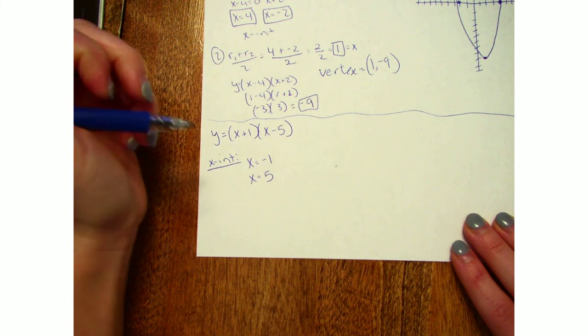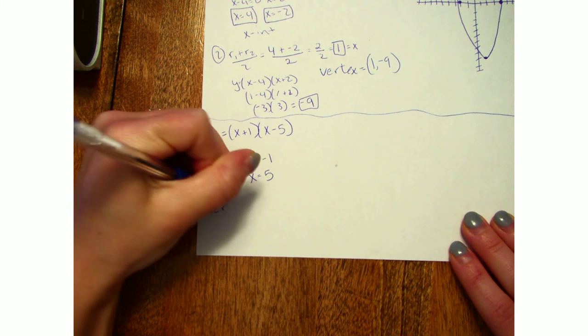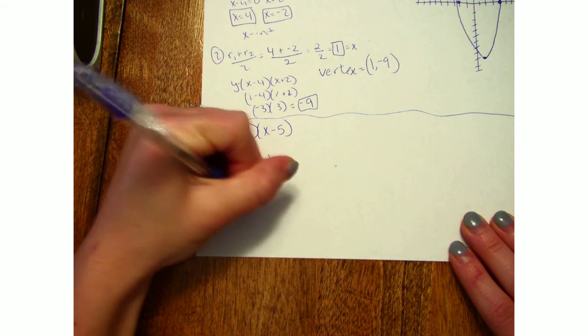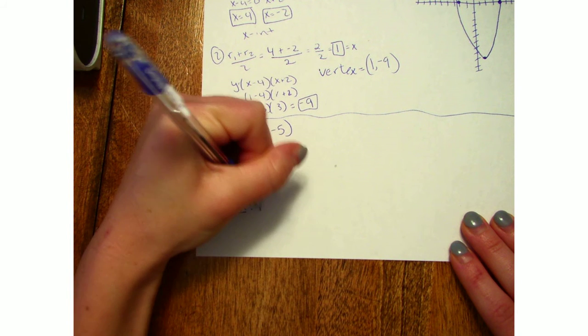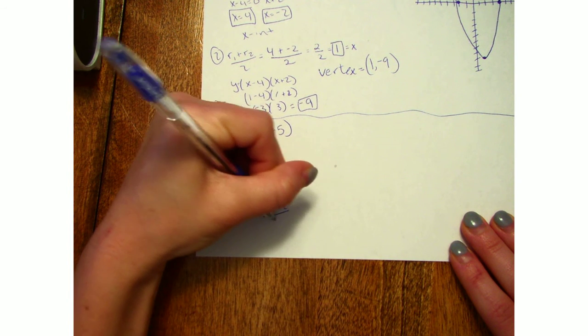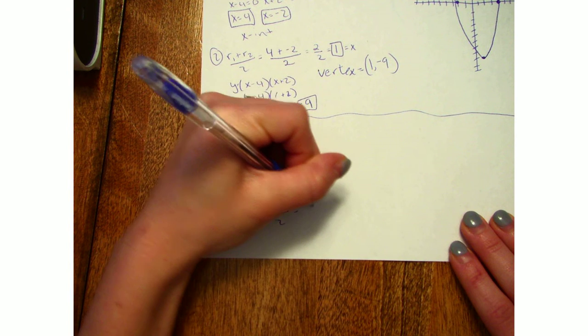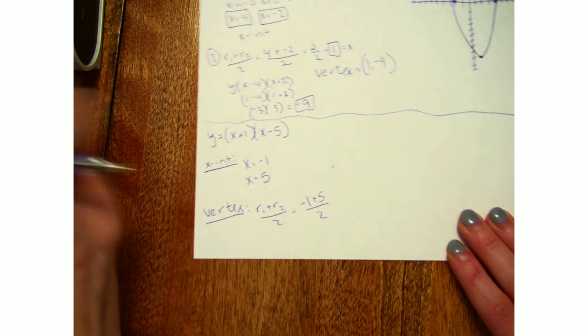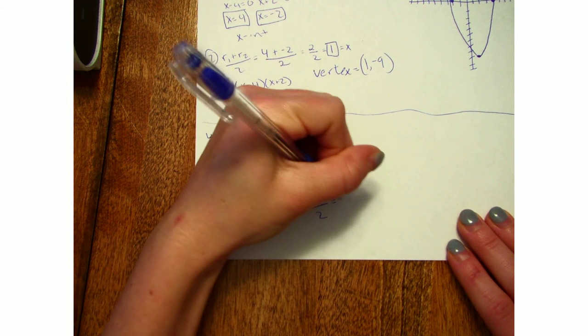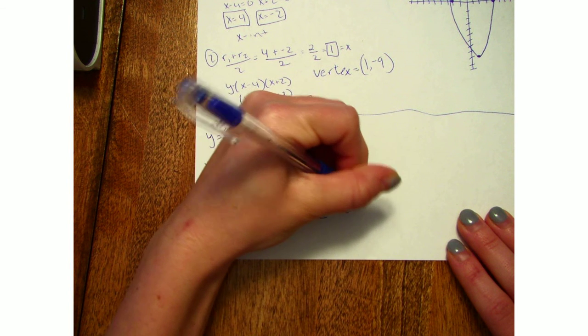You just take the opposites. For the vertex, you're going to take the average, so r1 plus r2 over 2 is -1 plus 5 over 2, which is 4 over 2, or 2.